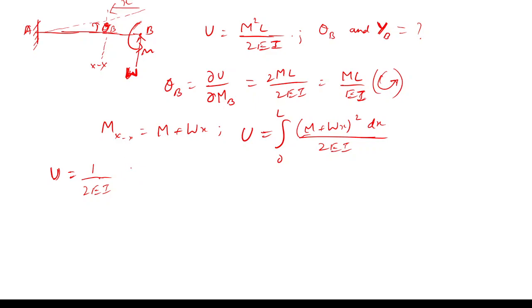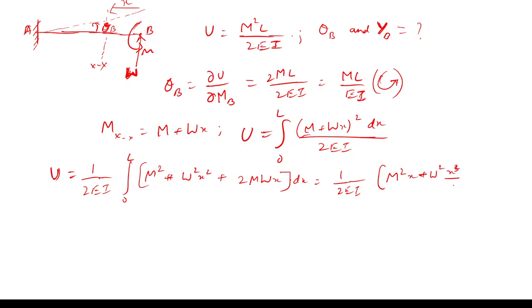So, 1 by 2EI outside, integral 0 to L. If I expand, M square plus W square x square plus 2MWx into dx, which equals 1 by 2EI times M square x plus W square x cubed by 3 plus 2MW x square by 2, applying the limits from 0 to L.